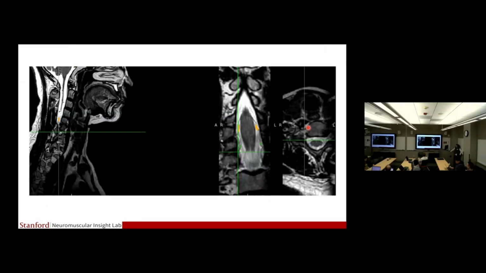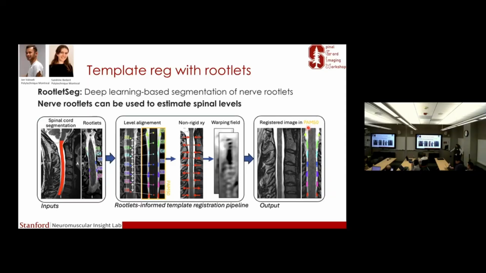But there is like this first step. So we have the rootlets, and I compute the center of mass of each rootlet. So if, for example, you would have a compression or a CSF flow artifact where you'd lose signal, you could also just manually select the center of that level, and that would be used in the first step.